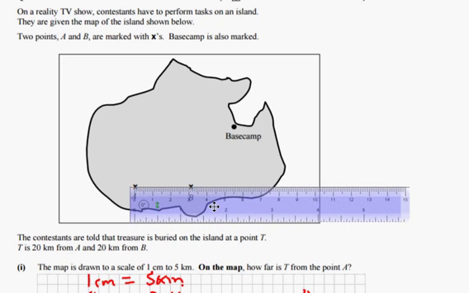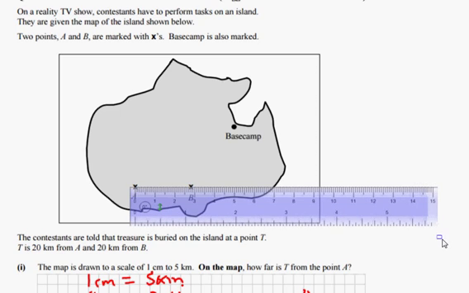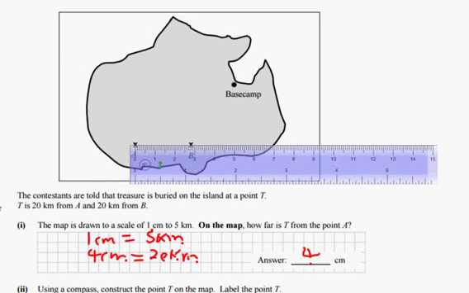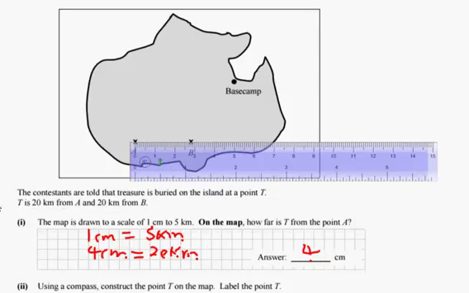Okay, I will make this slightly larger. So around 2.7ish? Okay, now it says that the point T is 20 kilometres away, 20 kilometres being roughly 4 centimetres, and it's 4 centimetres away from both of them.